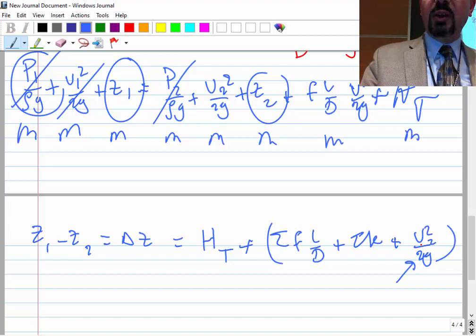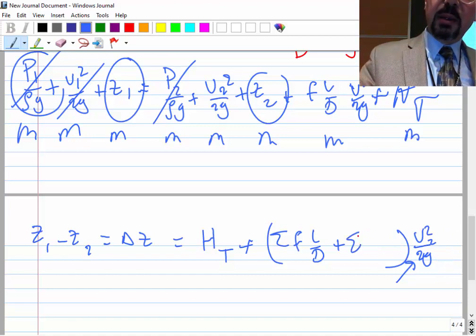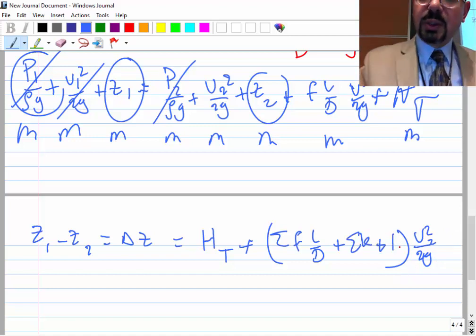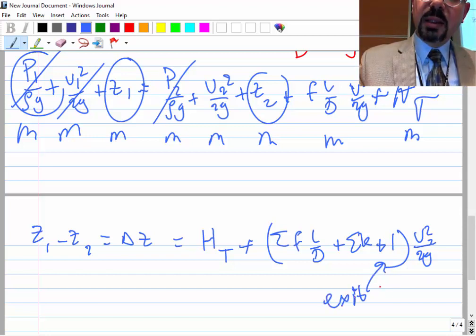And you can write it like this: sigma K, and then you write plus 1 over here. That one is the exit loss coefficient.